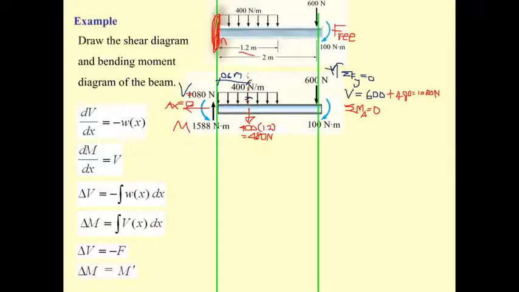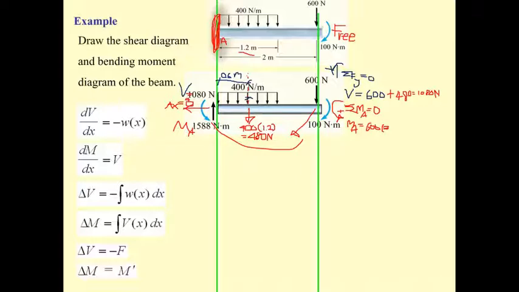Let's say this is A, with V sub A and M sub A. M sub A is counterclockwise positive, and then the moment from the 600 is going to be in the opposite direction, so we have 600 times the whole length of the beam, that means 600 times 2.